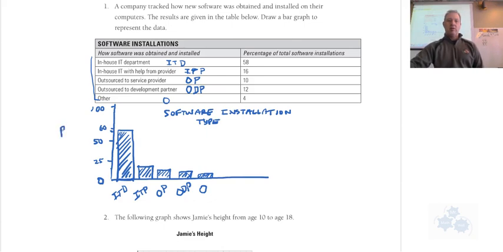And then over here we're going to say percentage, and we're also going to kind of give the unit. Usually that's a good idea. And then this would be types of installations, or types of installs, let's just say.